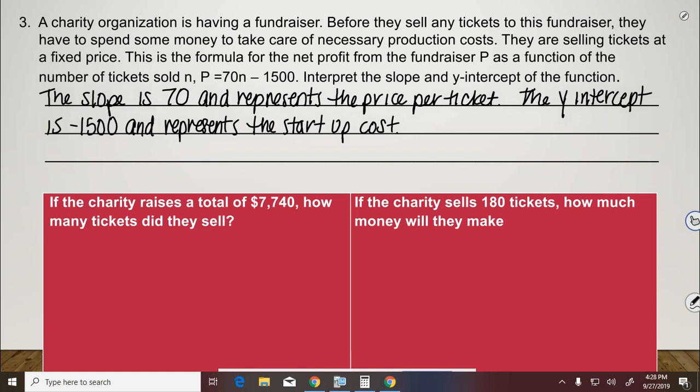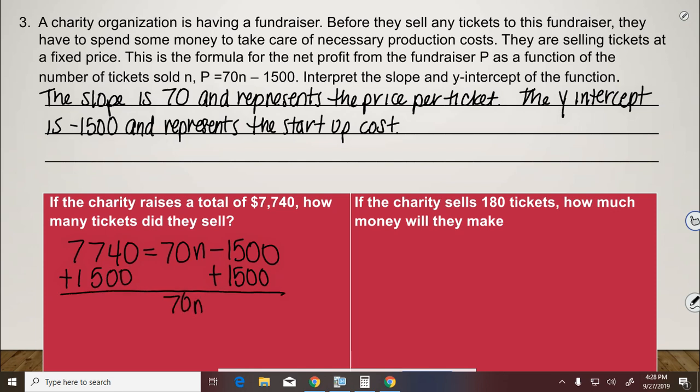If the charity raises a total of $7,740, how many tickets did they sell? So that 7,740 is the dependent variable. It's dependent on the number of people that went to the charity fundraiser. So we're going to plug that in for y, or p in this case. You add 1,500 to both sides.